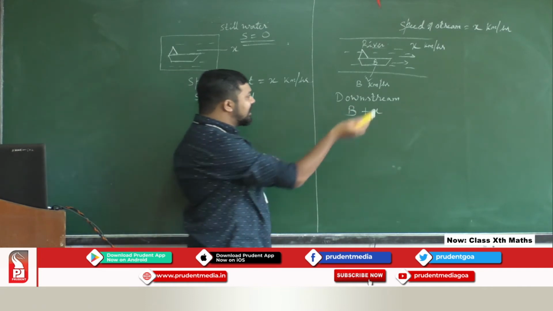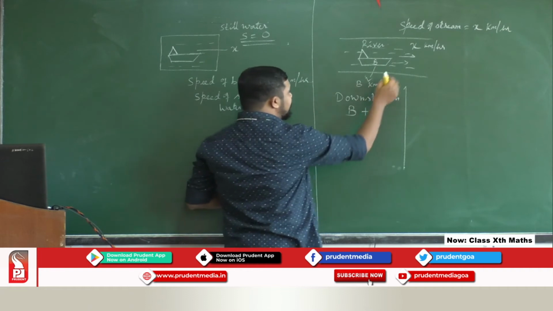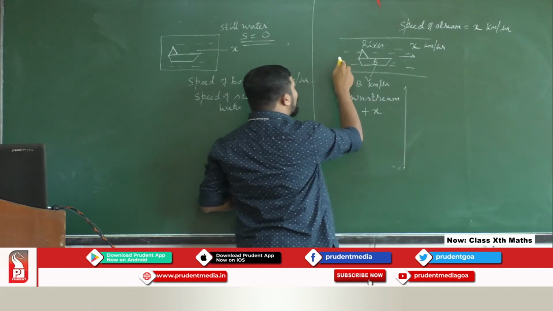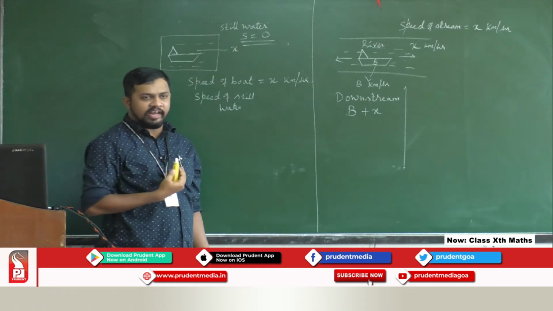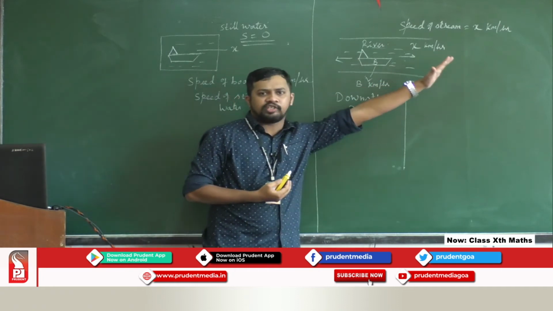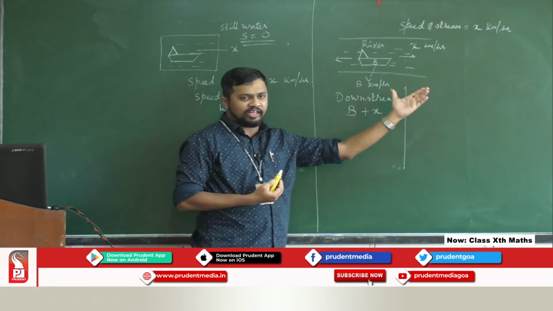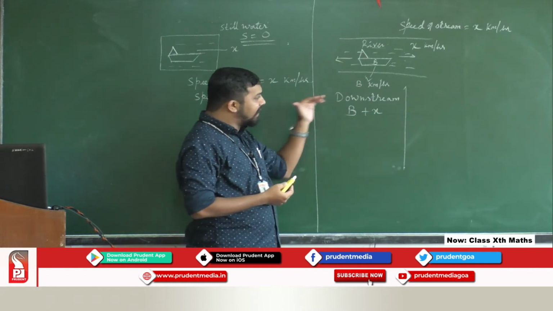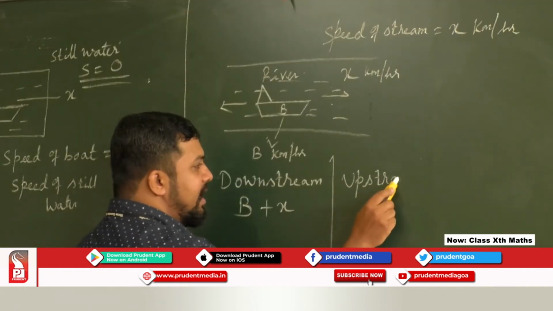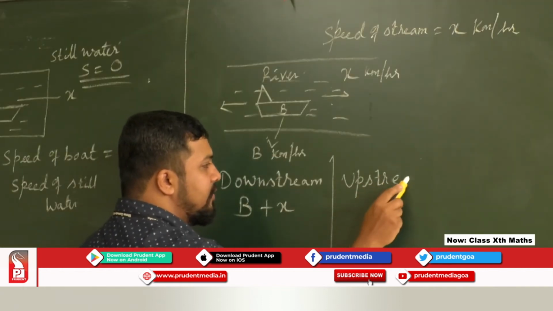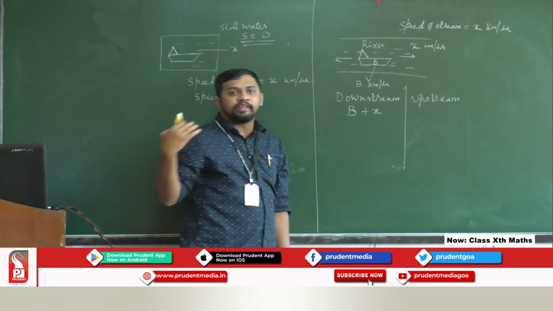Now we will take the second condition, wherein the boat moves in the opposite direction. The boat is moving in the opposite direction. Water will go in that same direction only, but both are moving in opposite directions. That concept is called upstream. That means you are moving against the flow of the river.